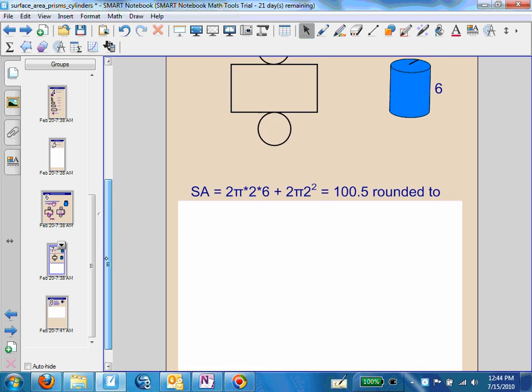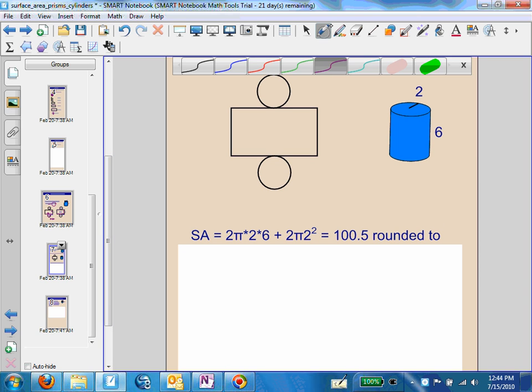The formula was 2 pi r h, so I'm putting radius is 2, height is 6, plus there's 2 areas of circles, so 2 pi r squared, so I put 2 in the place of radius, and I just plug this straight in my calculator and get 100.5 rounded to the nearest tenths.